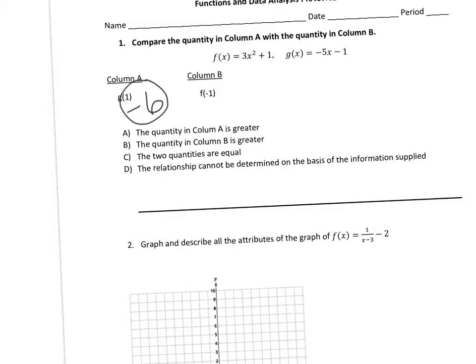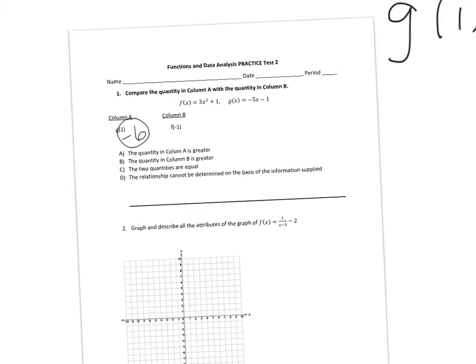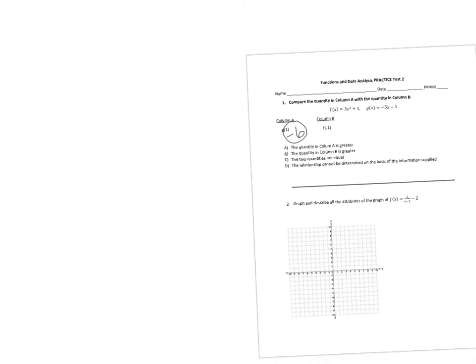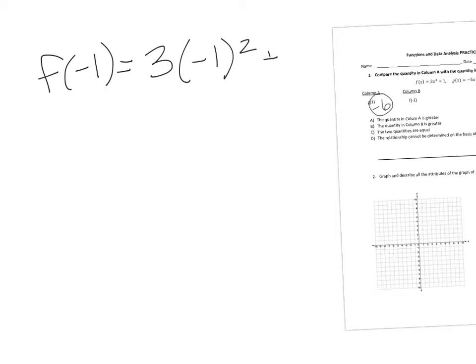Okay, next we are going to plug in negative 1 into f of x. So I'm going to do that on this side. We've got f of negative 1 is equal to 3 times negative 1 squared plus 1.